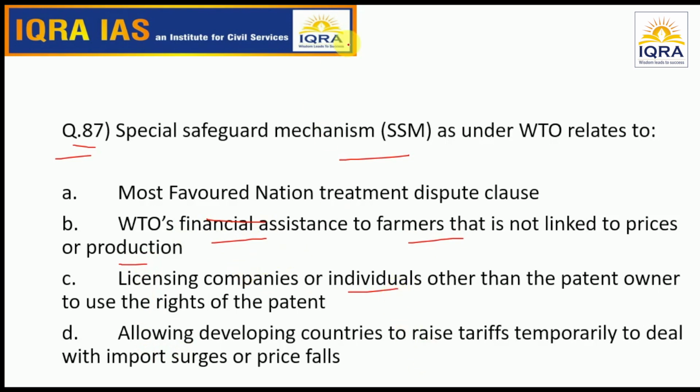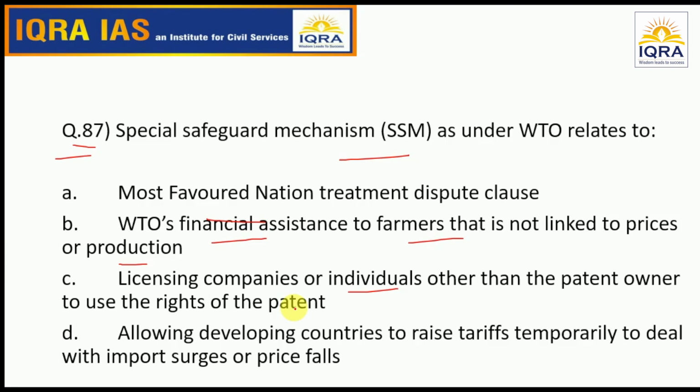So this SSM is basically safeguarding the developing countries, because the biggest tussle in WTO is between the developed and the developing countries, and India is always the flag bearer and one of the major leaders of the developing countries. The developed countries have achieved a lot, and when it comes to developing countries, they see them like markets, so we want to dump it.